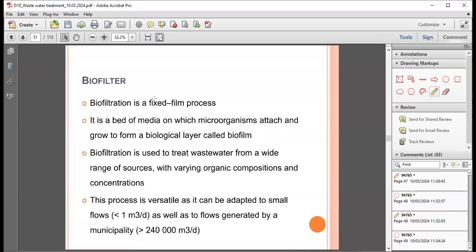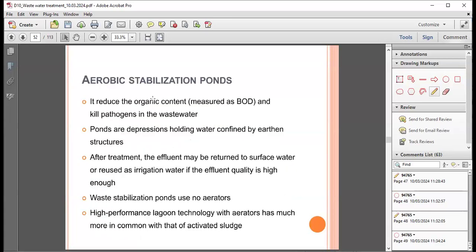Aerobic stabilization ponds. This one is also important.